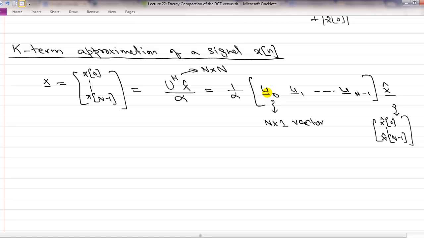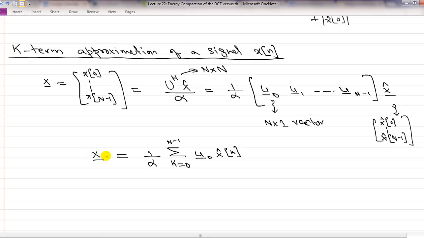If you have a matrix multiplied by a vector, that is simply equal to the summation of all the columns weighted by the entries in your vector. So I can write this as 1 over alpha summation of k equal to 0 to n minus 1 of u of k times x hat of k. Now this x hat of k is a scalar.